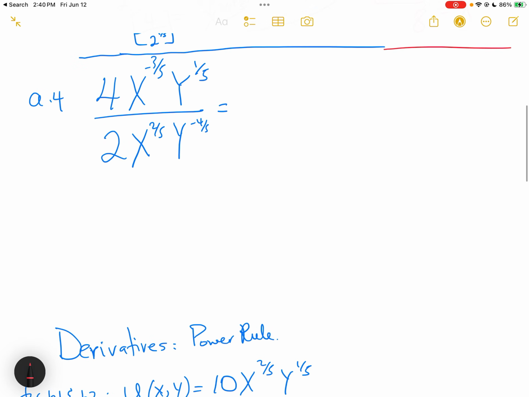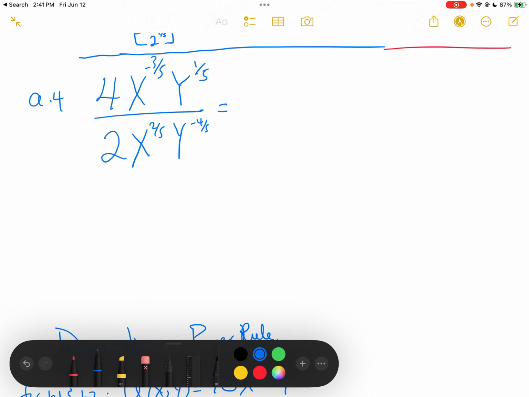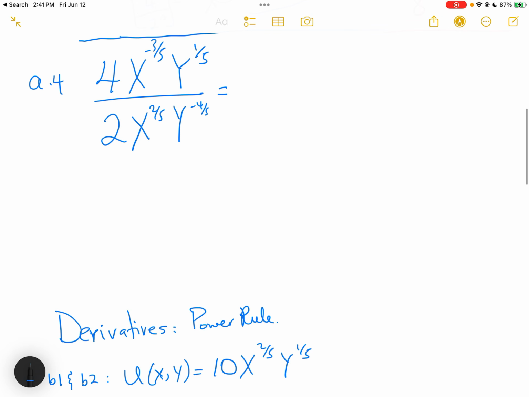The next question is still using some ideas from exponents.